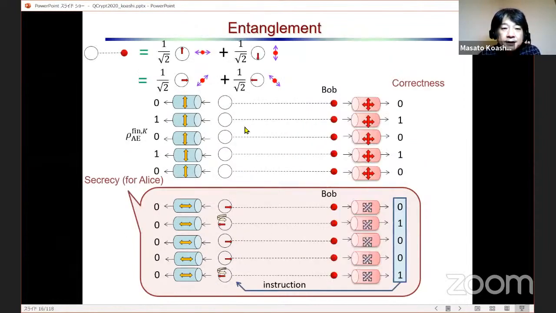So this means that if we start from the maximally entangled state here, then Bob can do this task completely, perfectly. So this means the secrecy for this key here. So this gives that, if you start from a perfect entangled state, actually you would have a perfect secret key.